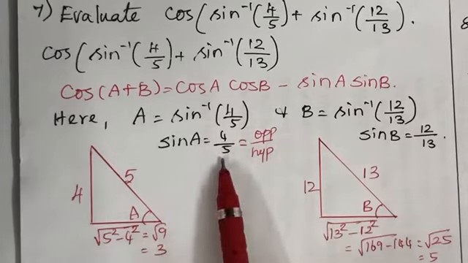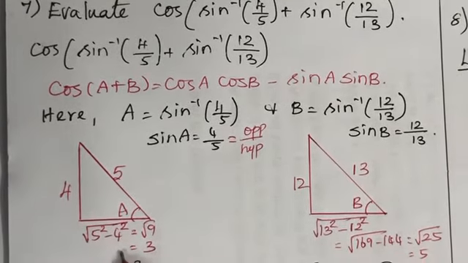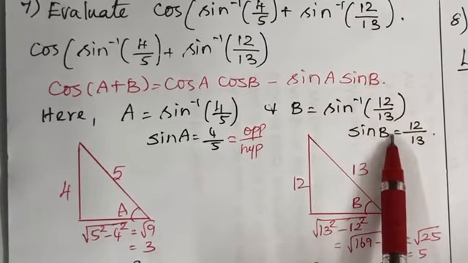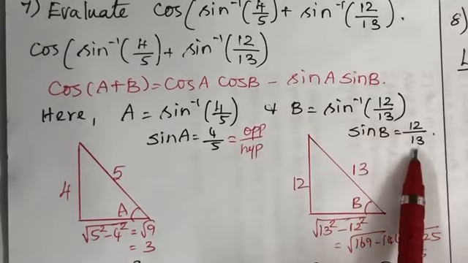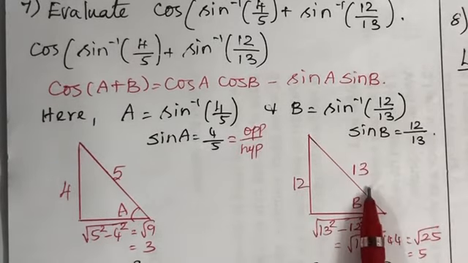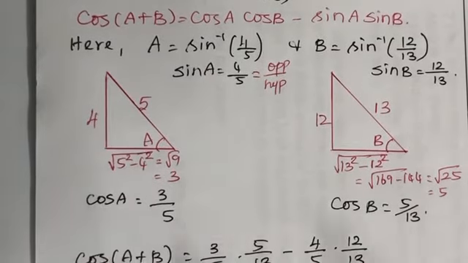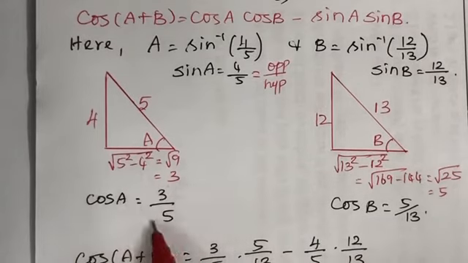So with this we can find the other value. Similarly, B is equal to sin inverse of 12 by 13, that is sin B equal to 12 by 13. With this sin value, we can find the value of cos A.